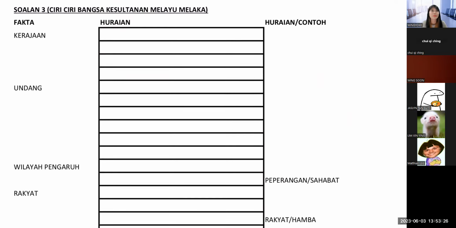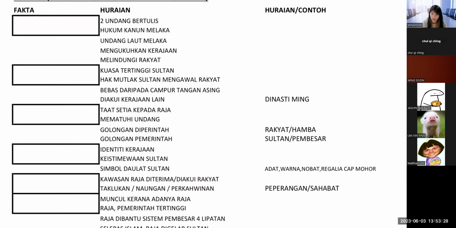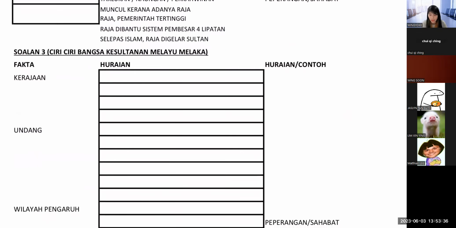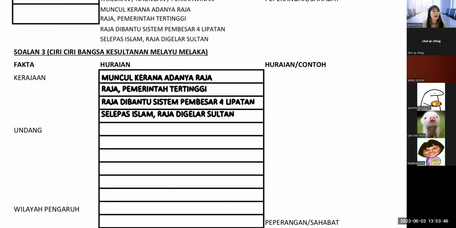Very good. Okay, now for example, kerajaan. How you write? You remember when you go back home, what you need to do is you need to practice kerajaan muncul like this. Kerajaan muncul kerana adanya raja.